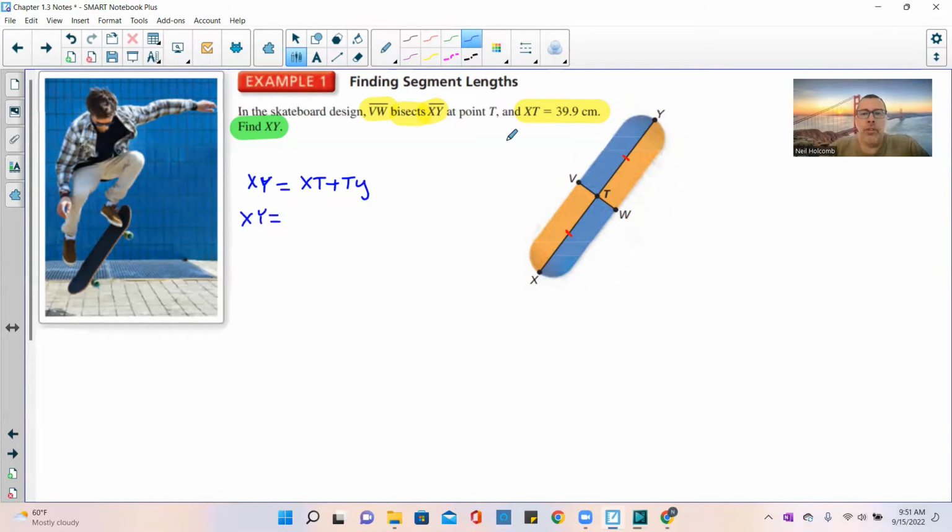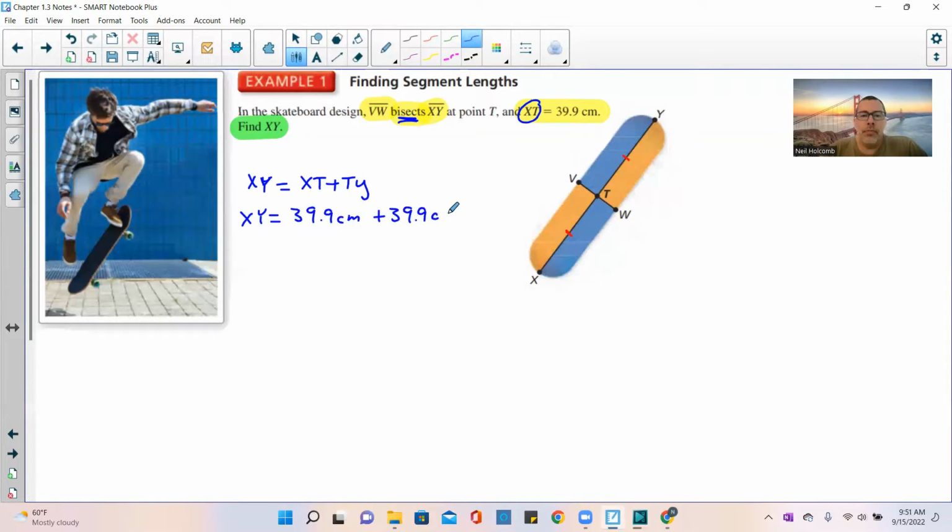We're given XT, it's 39.9 centimeters. Knowing that it bisects, we can conclude that each piece is congruent. So since XT is 39.9 centimeters, TY has to also equal 39.9 centimeters. So I will substitute that in.